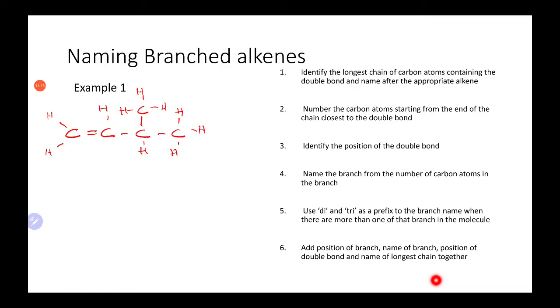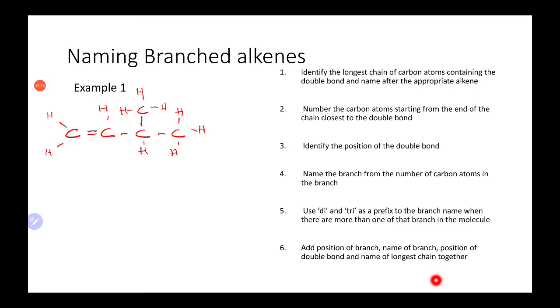Now, in this first example, we're going to have a go at naming this. In the first rule, identify the longest chain of carbon atoms. That's the same as the alkanes. The only difference is that the longest chain of carbon atoms in an alkene must contain the double bond.